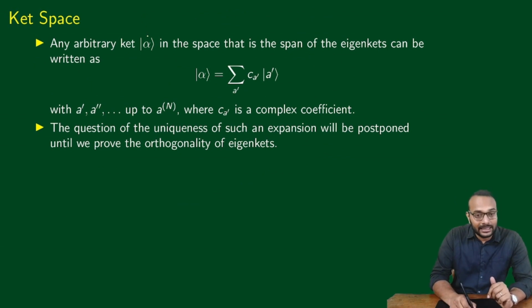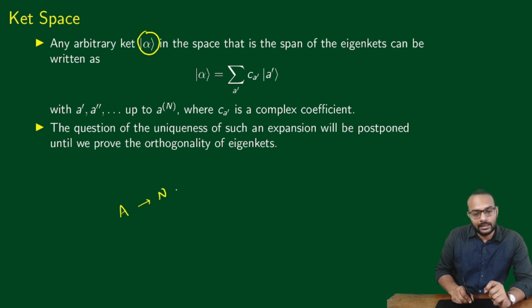And this means that an arbitrary ket alpha in the space is in the span of the eigenkets. We said that if you are talking about the observable A, which has n eigenkets or n possible eigenvalues, this means that there are n possible measurement outcomes.